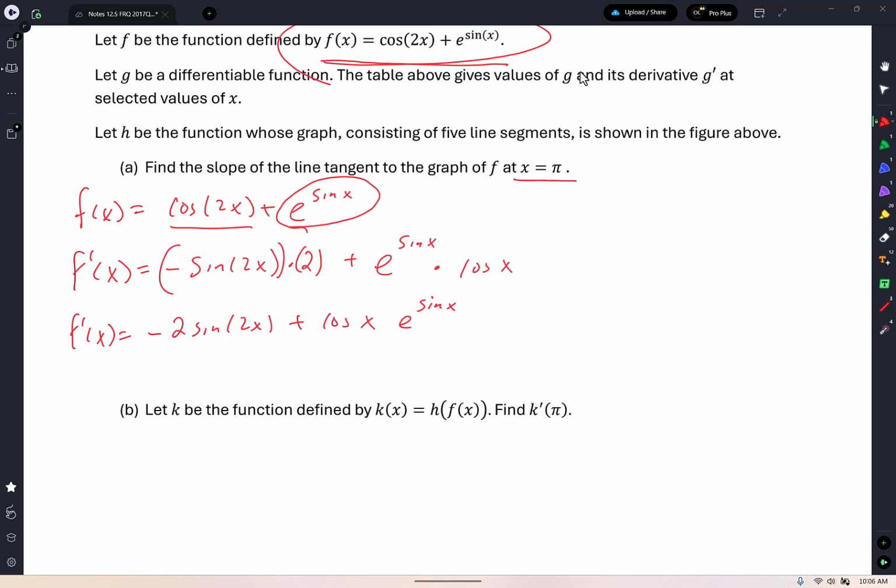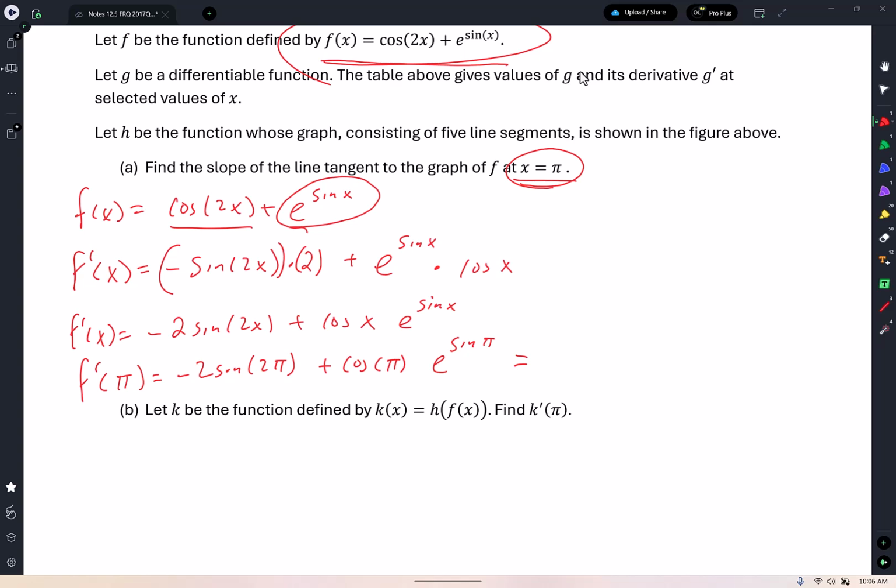You guys ready? I'm going to plug in what value for x? Pi. So f prime of pi is equal to negative 2 sine 2 pi plus cosine pi e to the sine pi. All right, let's see what that number is. You do not have a calculator, so you need a little bit of pre-cal, but it's baby pre-cal. It's not extreme.